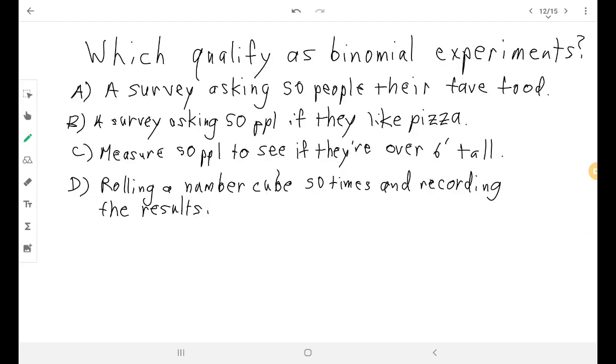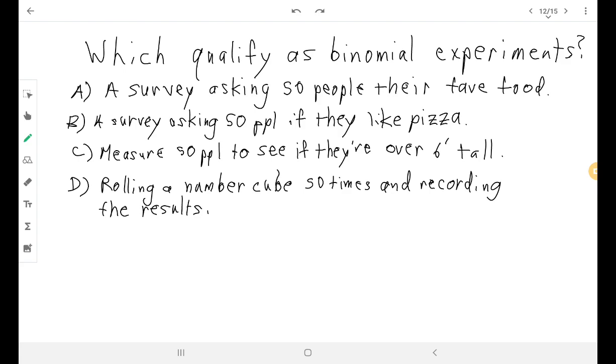Which of these qualify as binomial experiments? Okay, so again, we have to remember what binomial means. It means two possible outcomes, right? So a survey asking 50 people their favorite food. How many possible outcomes are there to that?